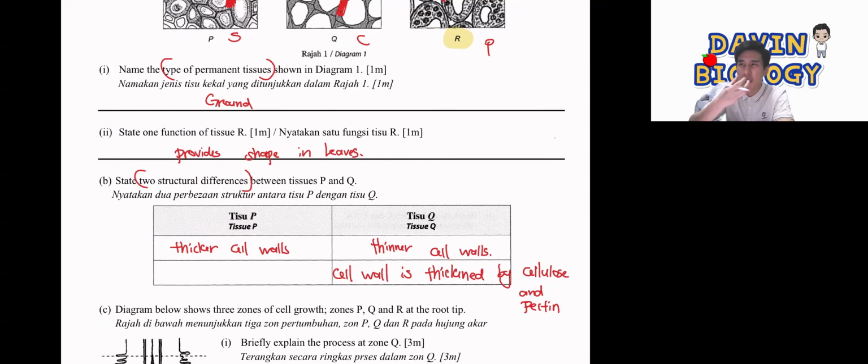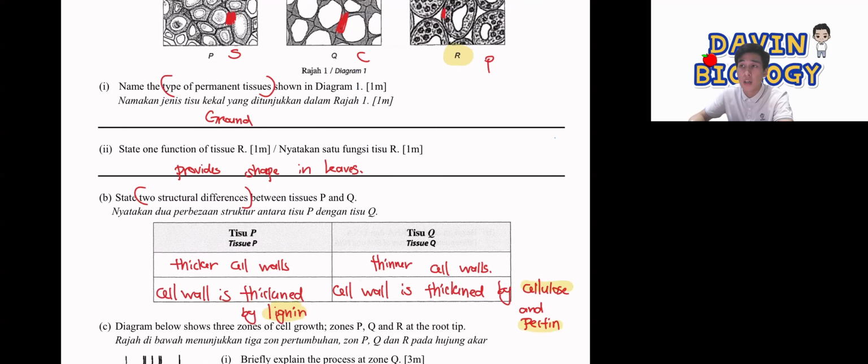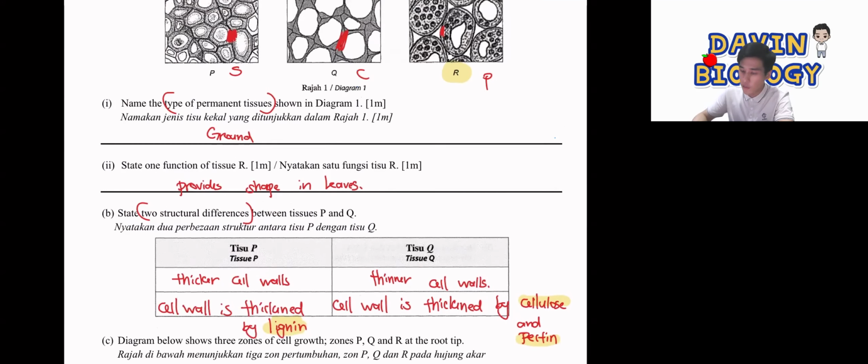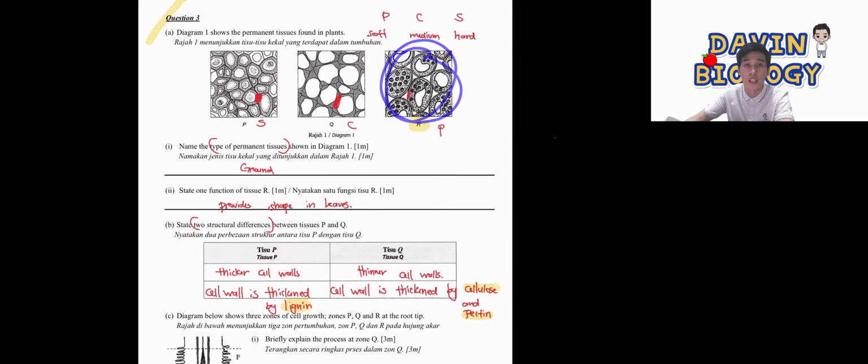We can bite fruit and vegetables, so they're not very hard. But for P, you definitely cannot bite because it's wood. Why is it so hard? Because it's made of wood fiber. So cell wall is thickened by lignin. That is the second difference: their cell walls are made up of different things. For R, it is just cellulose only. That's why they're very soft.